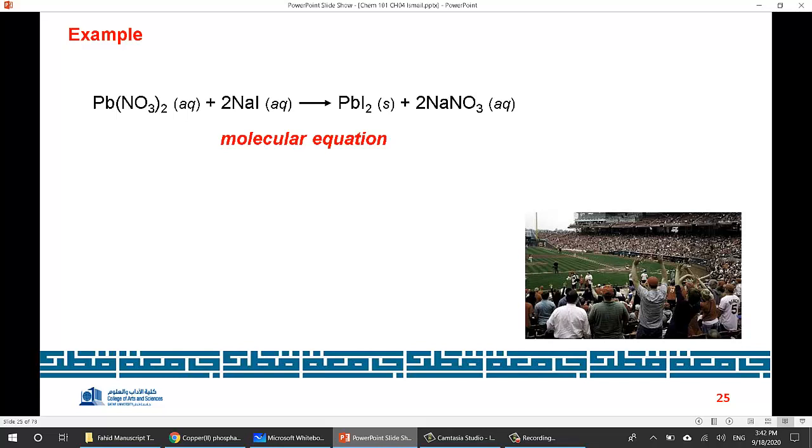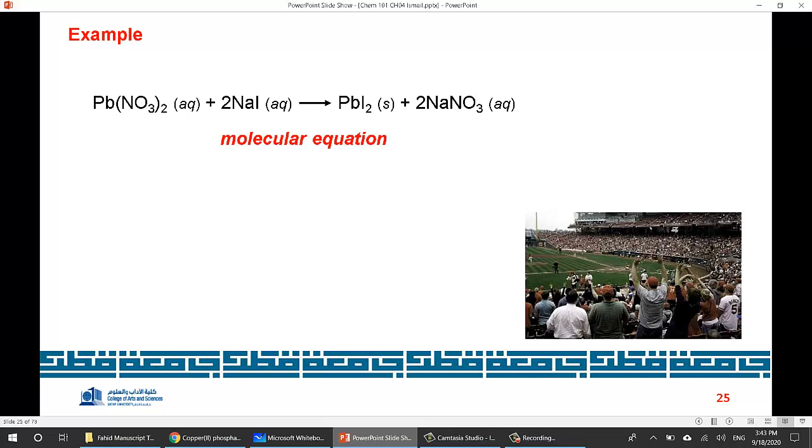And now you see how easy it is to predict the solubility of these things. This will lead to PbI2, which is solid. You can go back to the solubility rule and you will find a rule that says I− is soluble except if it comes with Pb. So this is the solid precipitate that you are forming, plus 2 NaNO3.